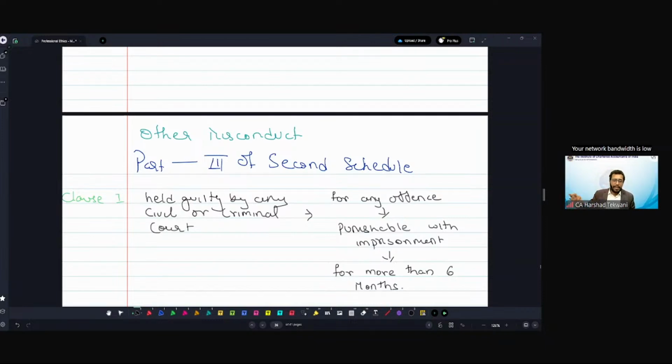So, held guilty by any civil or criminal court for any offense punishable with imprisonment for more than 6 months. So, part 3 of the second schedule, other misconduct.